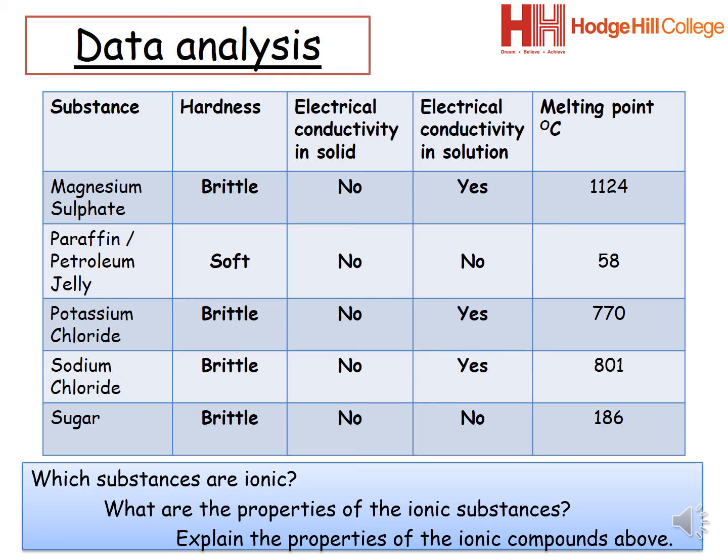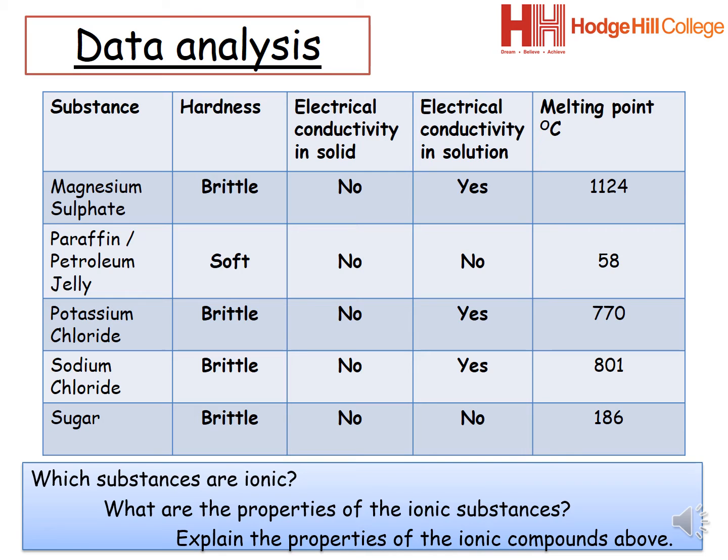Now, our second key question is this: what are the properties of the ionic substances? If you look in the heading at the top of the table, we can see the list of properties. We have hardness, electrical conductivity in the solid state, electrical conductivity when in solution, and we also have melting point. Now, look at the hardness and compare all these compounds.